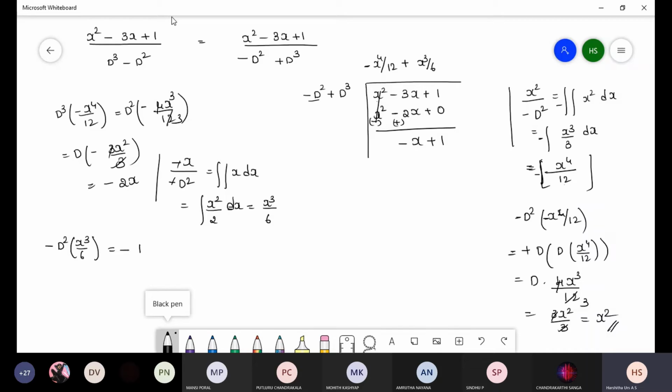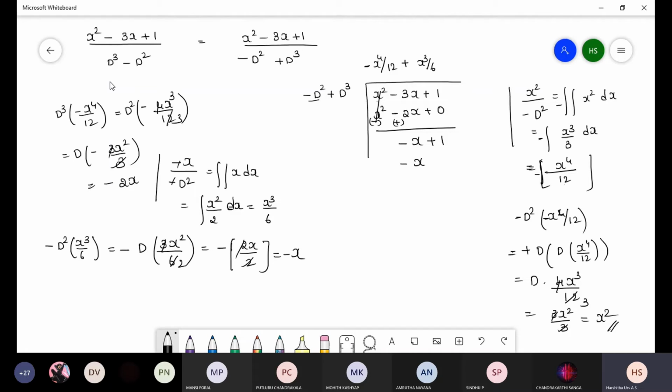So minus of D into first differentiation is 6x square, 3x square by 6, 3 ones are 3, twos are. So minus, again next differentiation of x square is 2x divided by 2. So 2 will get cancelled. Again we will get the same answer, minus x. So our integration term is correct. So here I will write minus x.